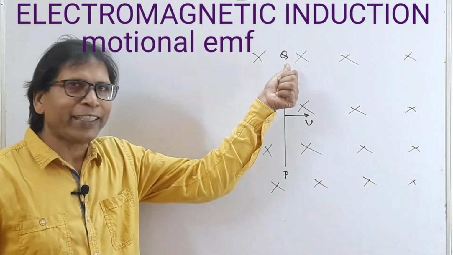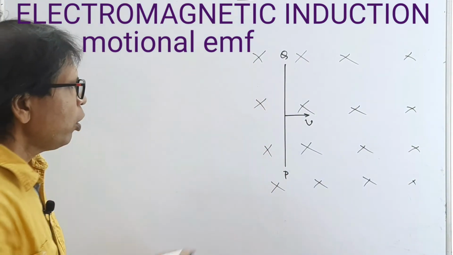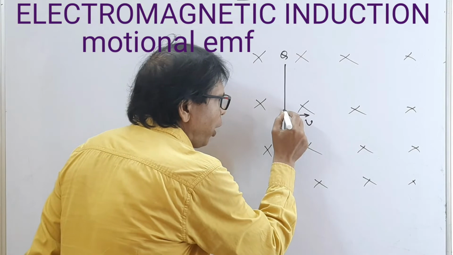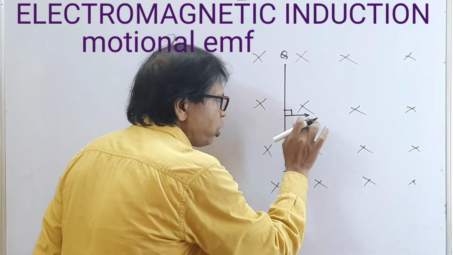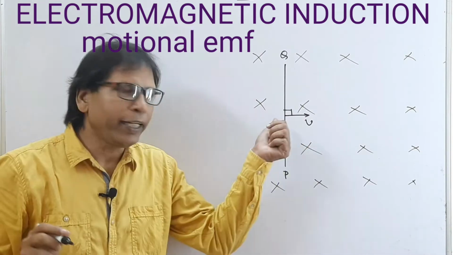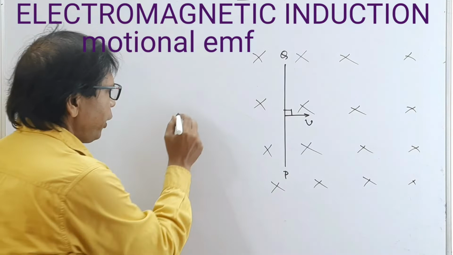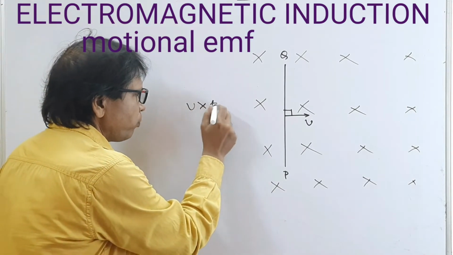Look at this, a rod of length L moves perpendicular to its length with velocity v in a normal magnetic field. Distance traveled by PQ in time t is v into t.